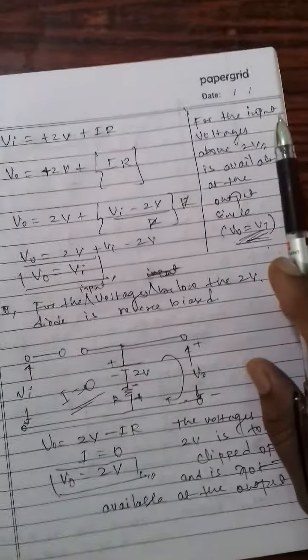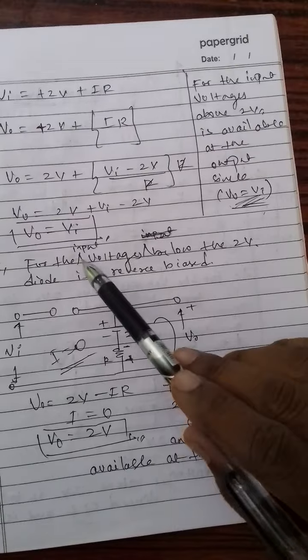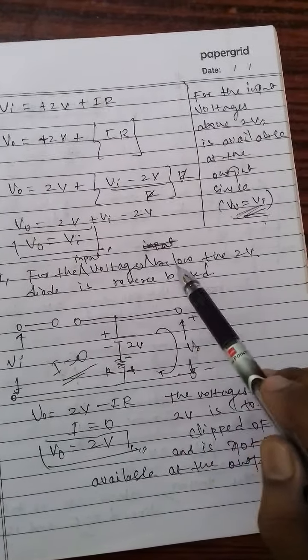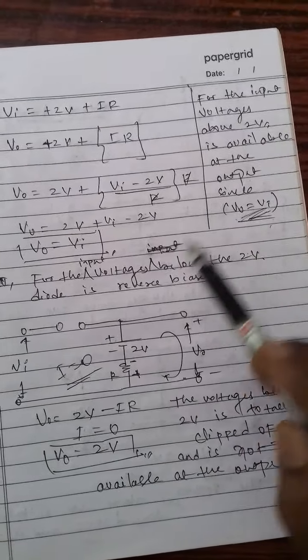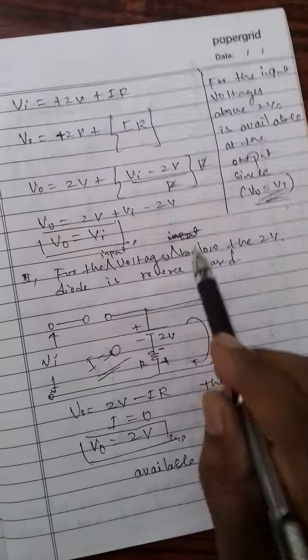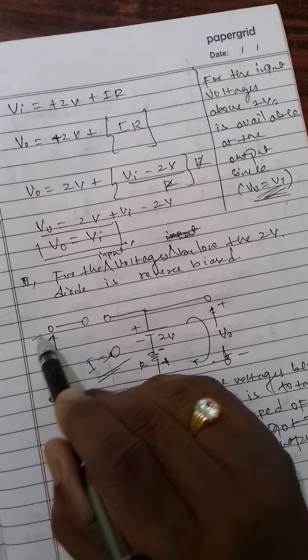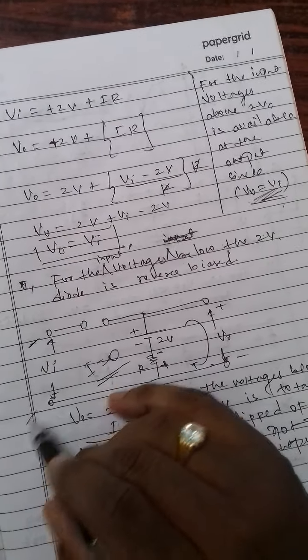The second analysis is that for input voltages below 2 volts, is the diode forward biased or reverse biased? Here this one is negative, this is positive.